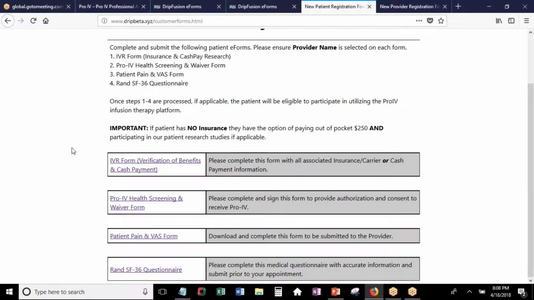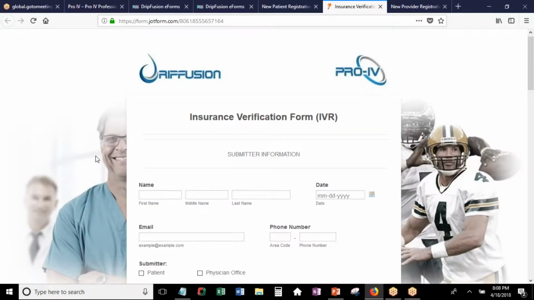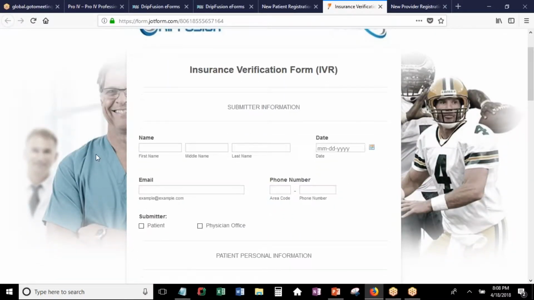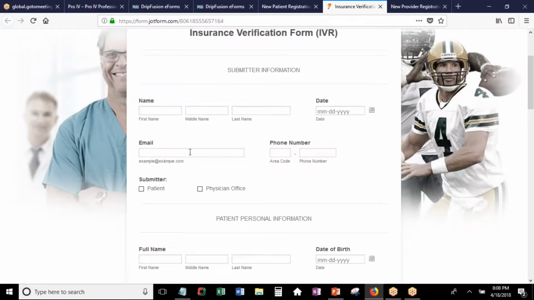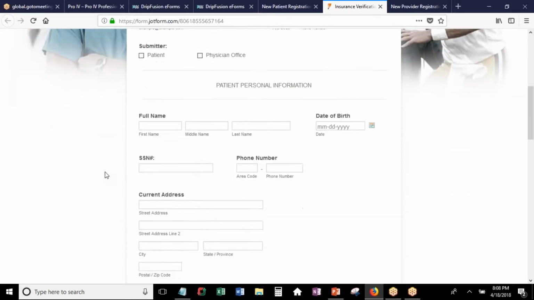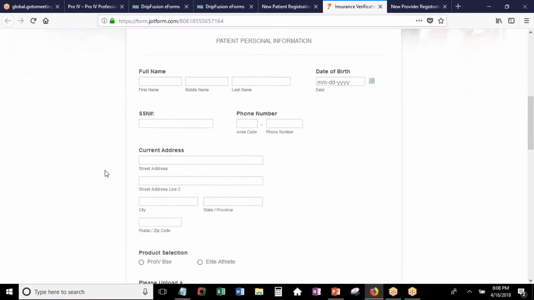So we're first going to click on the IR form and verification of benefits. This is a form everyone had questions about. So just scrolling through, they're going to put in their name, their phone number, email, if applicable, who's submitting this. If you have someone that is older, cannot access the internet, or anyone that is assisting, you can pick patient's office or patient.